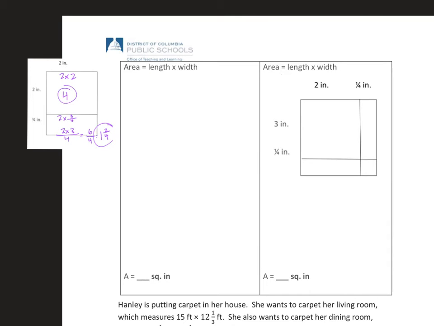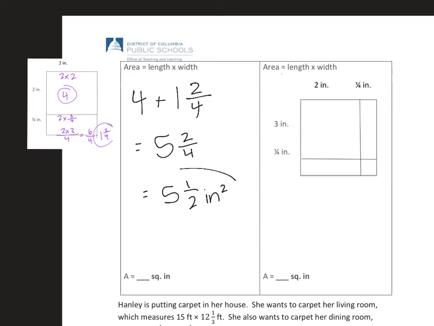So we're still going to add the 4 plus the 1 2/4 here, and that's going to give us 5 2/4. And I know that 2/4 is the same as 1/2, so my final answer is going to be an area of 5 1/2 square inches.